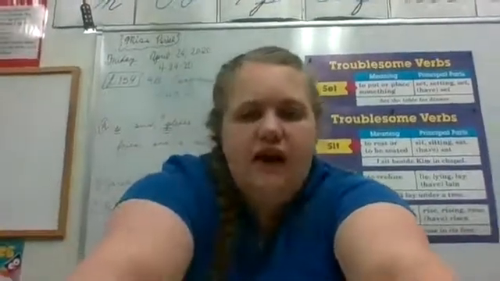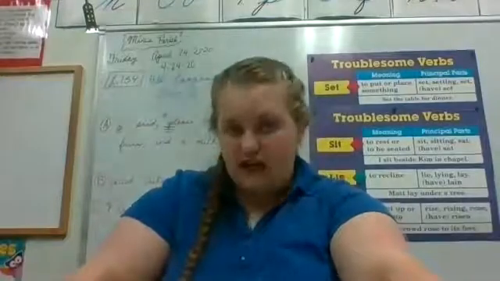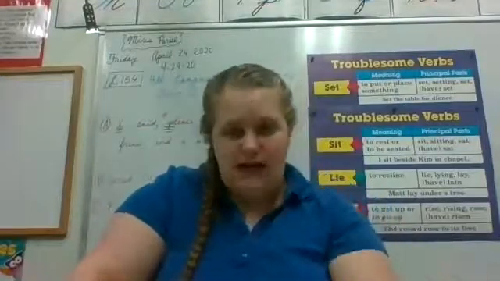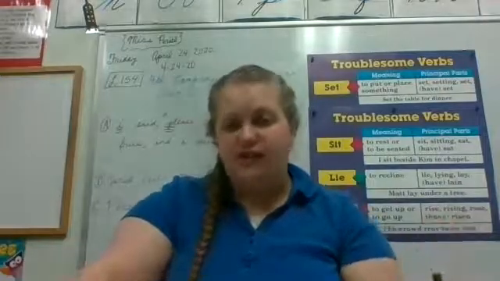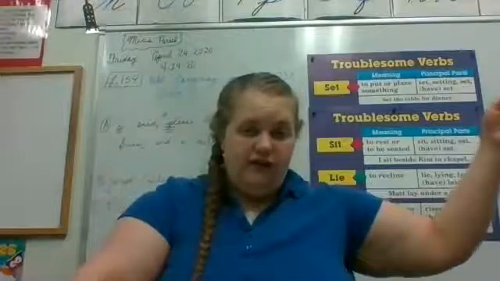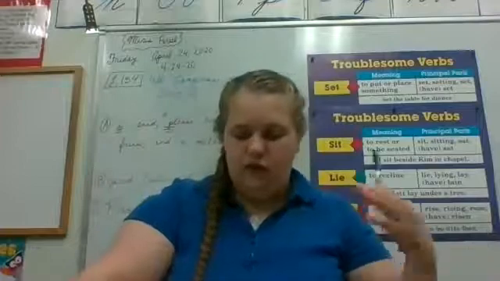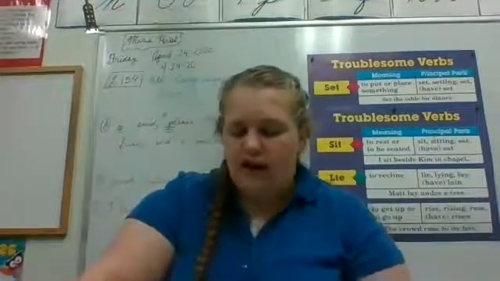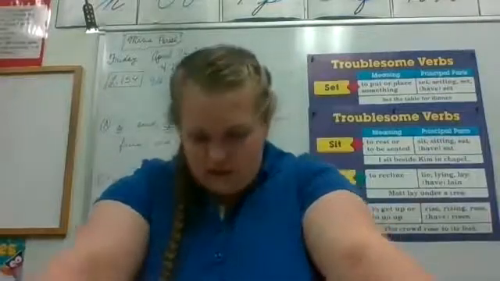So that is one thing that we can look for, is if there is an object that is being set down or set somewhere. If there's no object and the subject is doing the action, then it is sit, or a form of sit, okay? All right, so looking at A, we're gonna do A1 together.